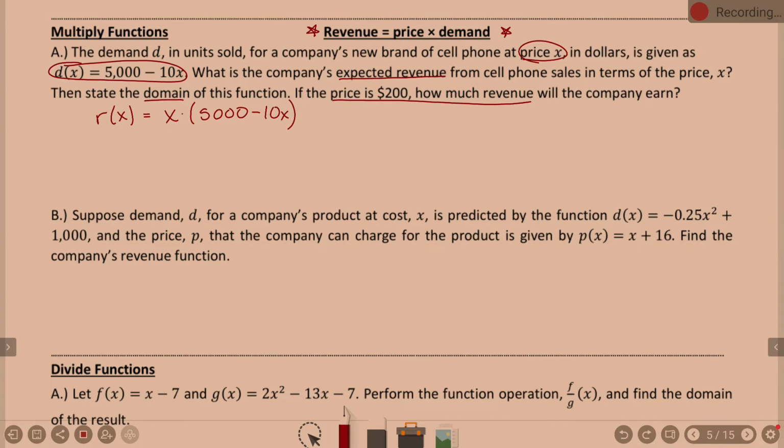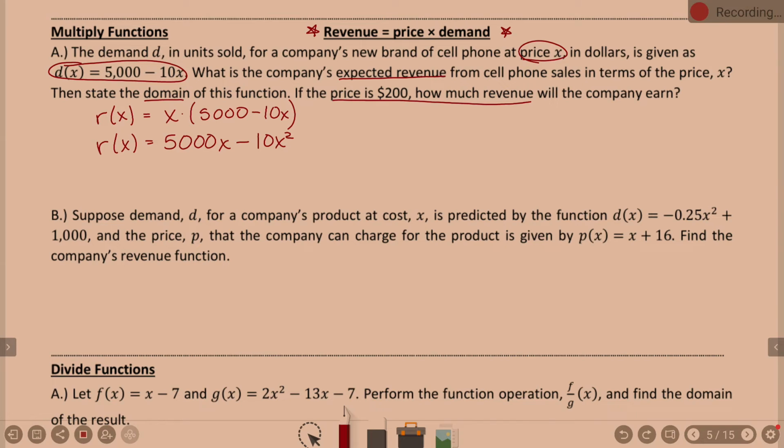Can we clean this up a little bit? Can you multiply? Distribute? So if we multiply, X times 5,000 is 5,000X minus X times 10X, 10X squared.